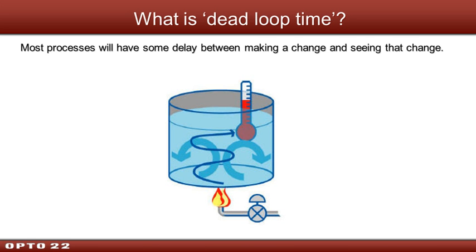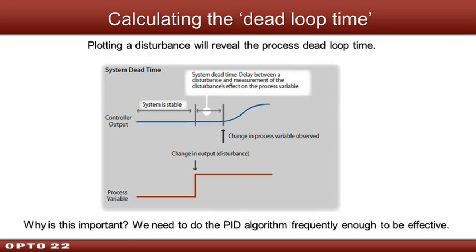So you need to understand your process, and we need to be able to calculate that dead loop time. The way we do that is by plotting a disturbance, and this is most easily done by using a chart, whether you're using the PID tuner helper in PAC Control, or if you're using PAC Display, you can set up a super trend and do this. But I do recommend that you graph it one way or another, even using a paper recorder, so that you can see this curve and analyze it in detail after the event.